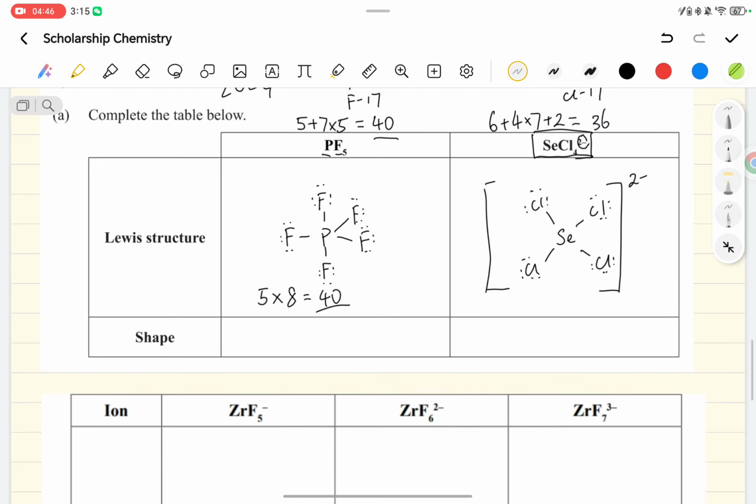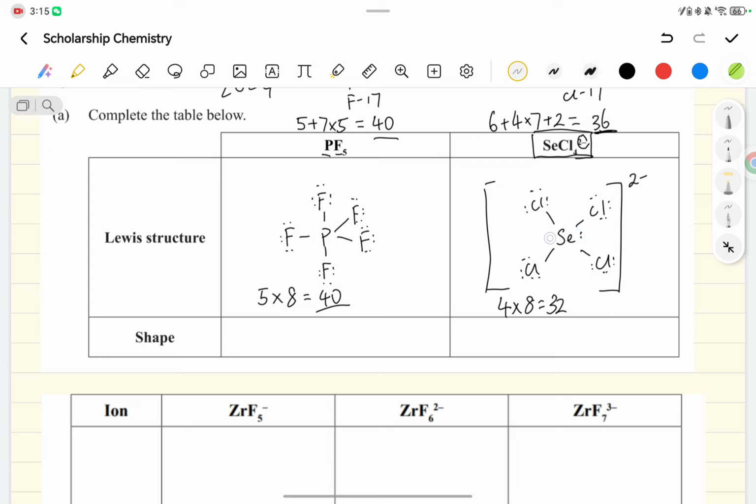And now let's look at our structure. Same principle as before. Each chlorine has 8 valence electrons, and there are 4 chlorines, so we do 4 times 8, which is 32. This is 4 less than what we expect. So we need to add 4 more electrons onto Se, which also accounts for the 2- charge.